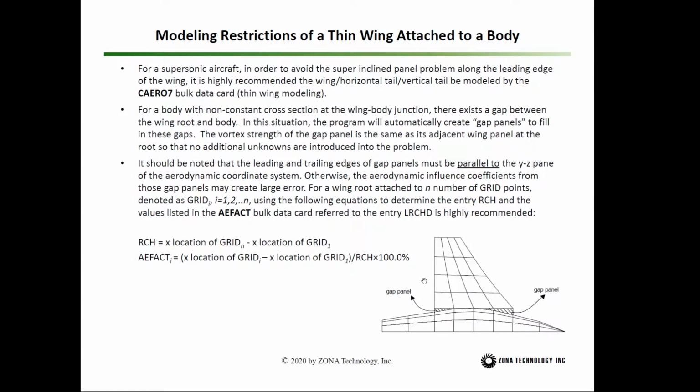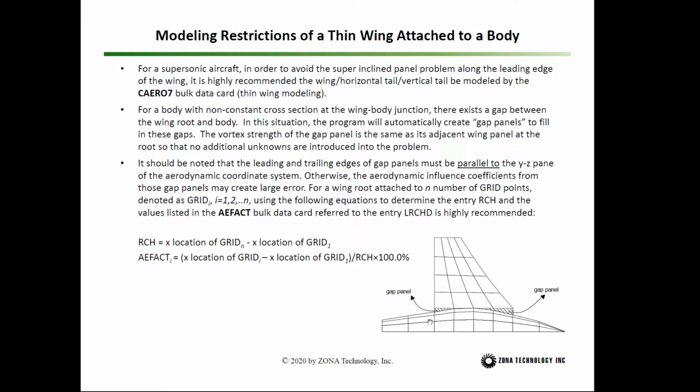So for supersonic aircraft, in order to avoid the super inclined panel along the wing leading edge, it is highly recommended that the wing, horizontal tail, and vertical tail be modeled by the CL7, which is the thin wing modeling. However, if you have a wing body junction, because each CL7 can only model a trapezoidal-like shape, the inboard and outboard root and tip of the CL7 are always parallel to the x-axis.